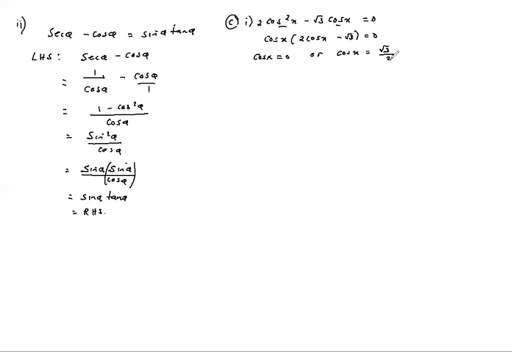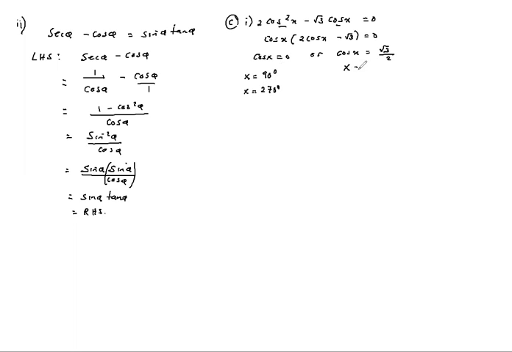Now for cos x is 0, this is only when x is what? When x is 90. Now we are told the answers must be from 0 to 360, so they are degrees. So we know at 90 it is 0, it is also 0 at 270, of course. Then root 3 over 2, this is cos 30.